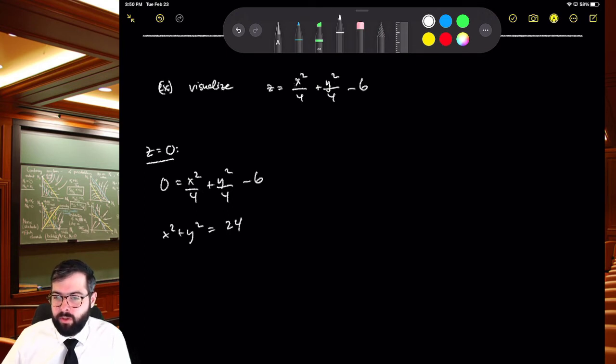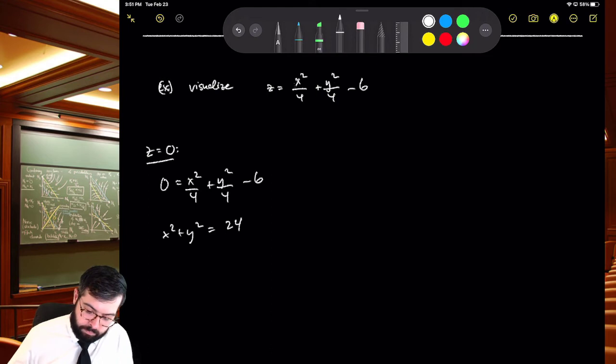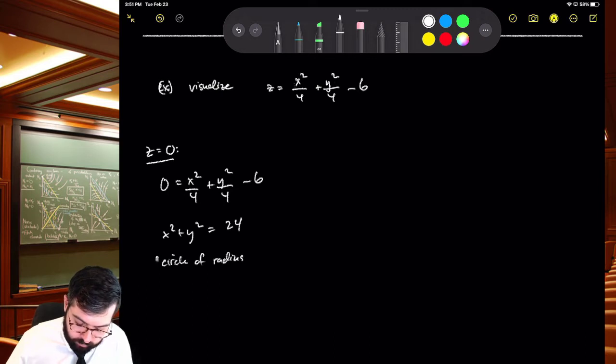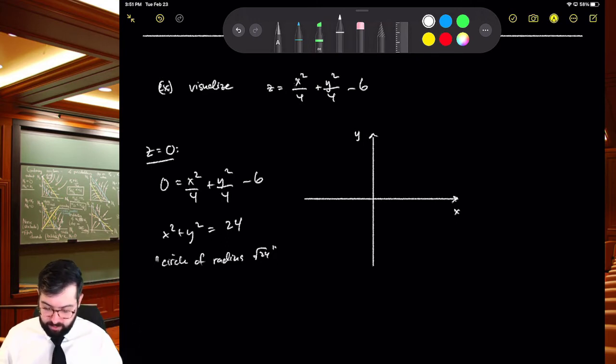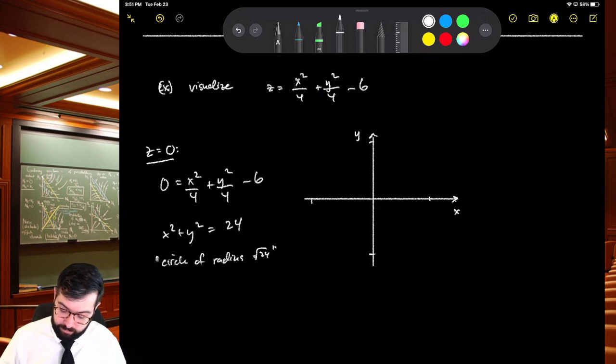This is really a circle of radius radical 24, right? So in the xy plane, looking down at z equals 0, I just get a circle. What's the square root of 24? Just less than 5, right?